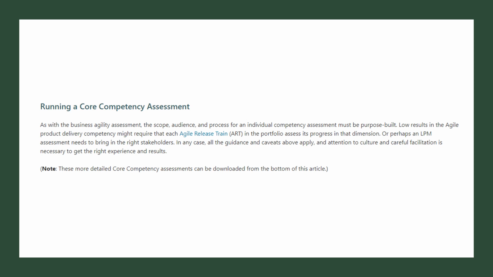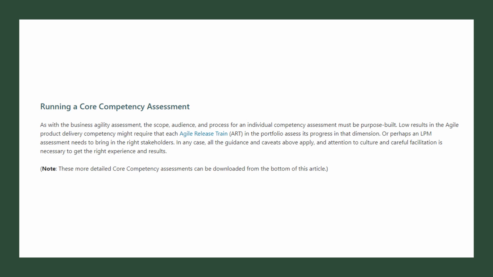Low results in the agile product delivery competency might require that each agile release train in the portfolio assess its progress in that dimension, or perhaps an LPM assessment needs to bring in the right stakeholders. In any case, all the guidance and caveats above apply, and attention to culture and careful facilitation are necessary to get the right experience and results.